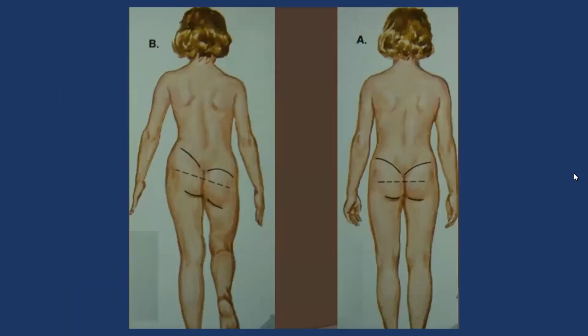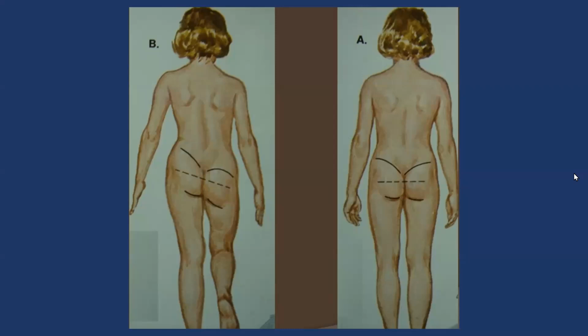This is a positive Trendelenburg sign. Why is the pelvis going down on the right side? The reason is that the gluteus medius is insufficient.